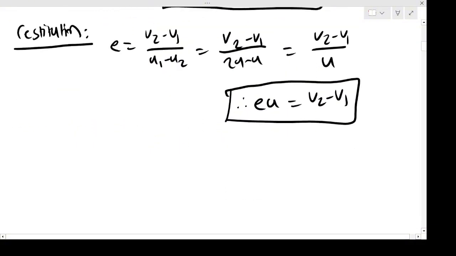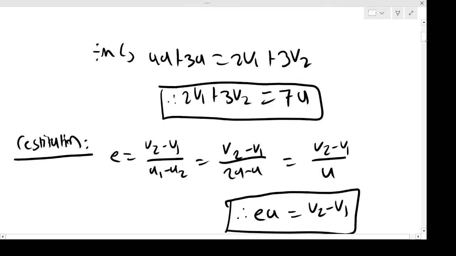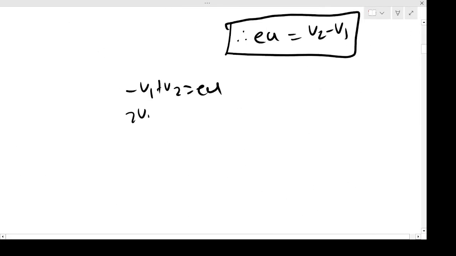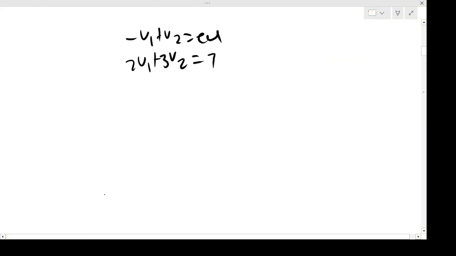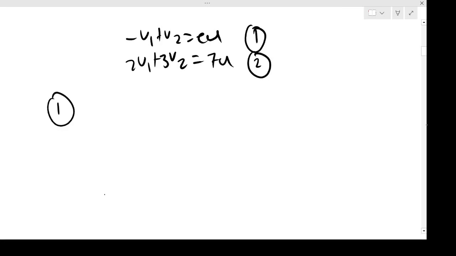So I've got the simultaneous equations, minus v1 plus v2 is eu, but also 2v1 plus 3v2 is 7u. Right? And so at that point, this is my equation 1 and 2. So let's double the first equation. So I get minus 2v1 add 2v2 to be 2eu.